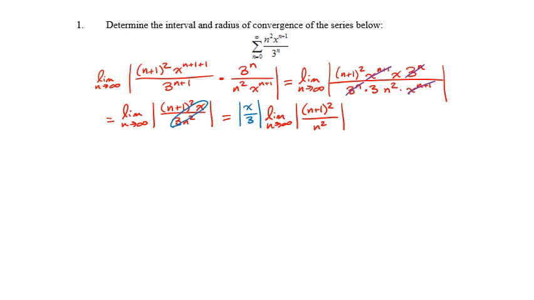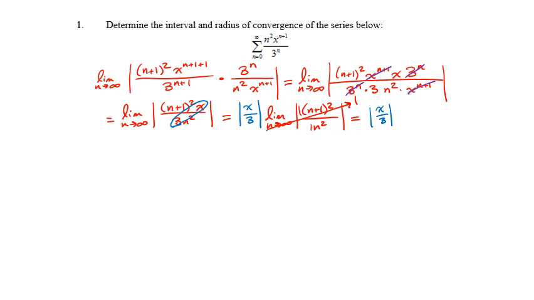Well, the ratio here is 1 and 1. So that's just 1. So that all goes to 1. And we're just left with the absolute value of x over 3. So that's the result of the ratio test, right? Is this absolute value of x over 3.